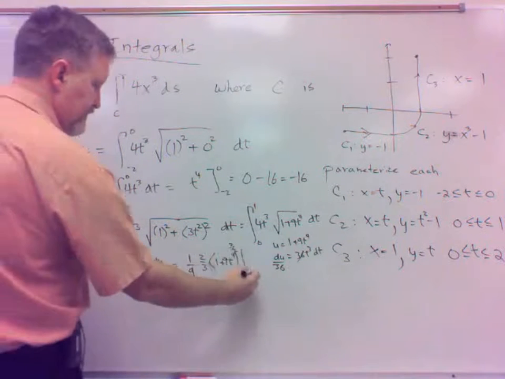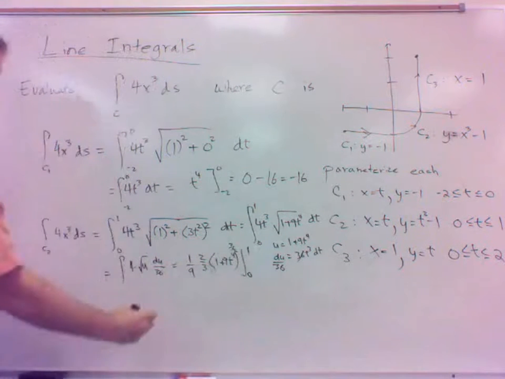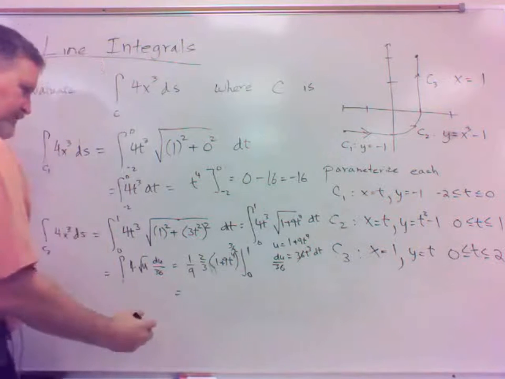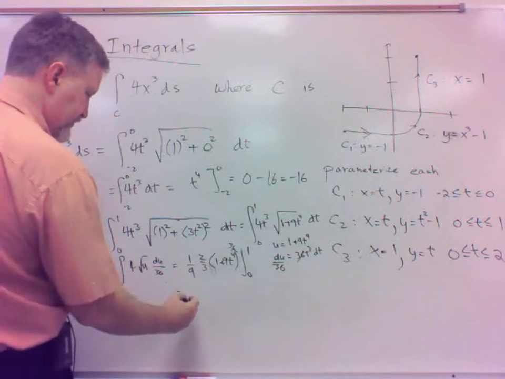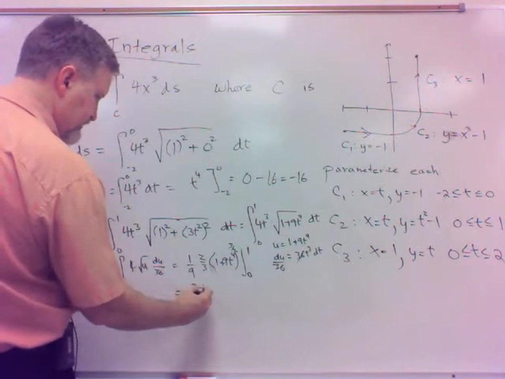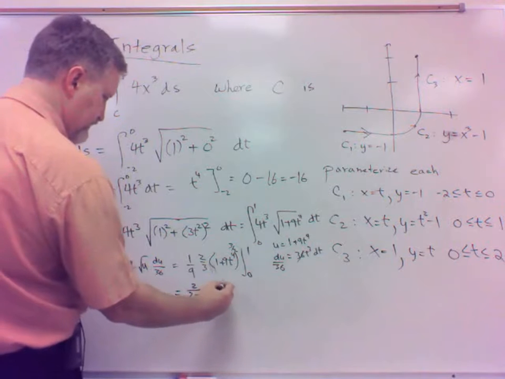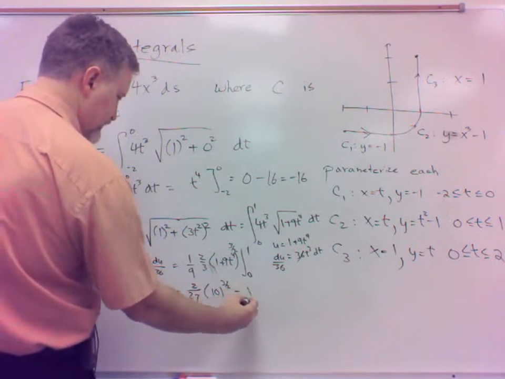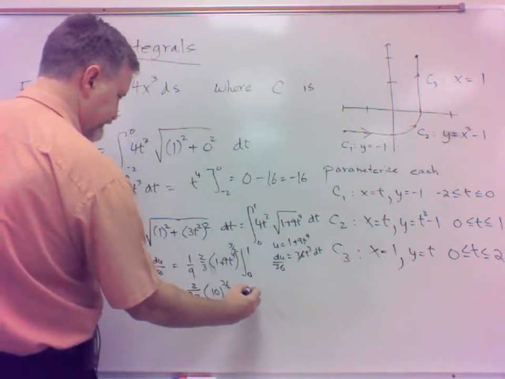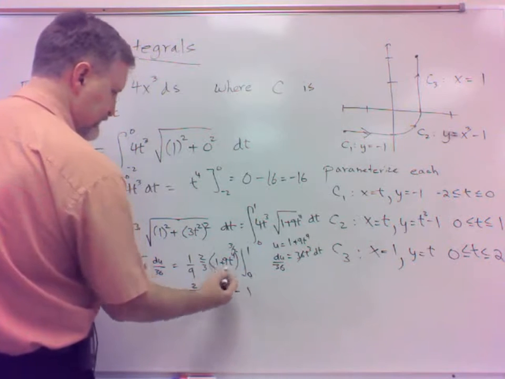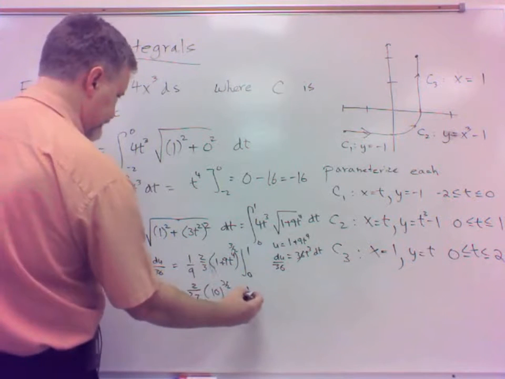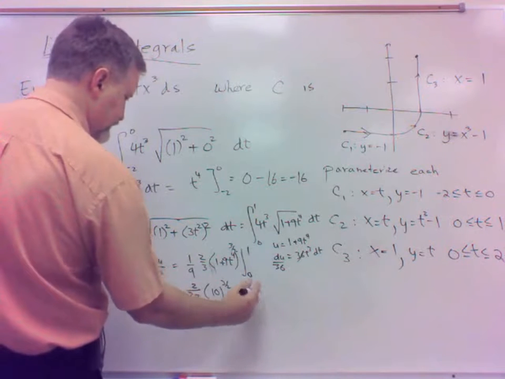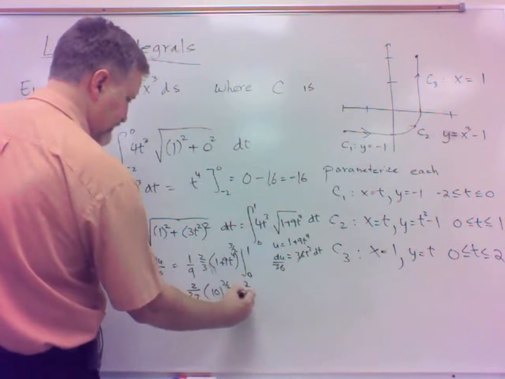And we're going from 0 to 1 there. So I believe we wind up with 2/27 times (10 to the 3/2 minus 1), all right? Plug in 0, you get 1. 1 to the 3/2 is 1. Okay.